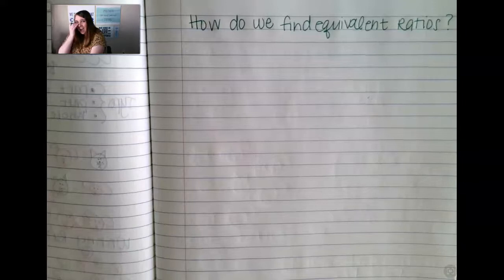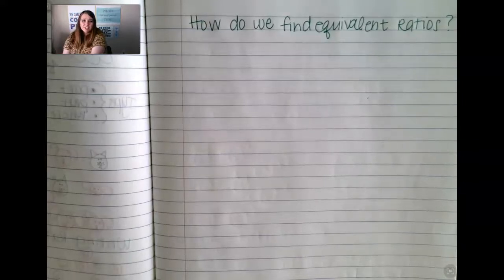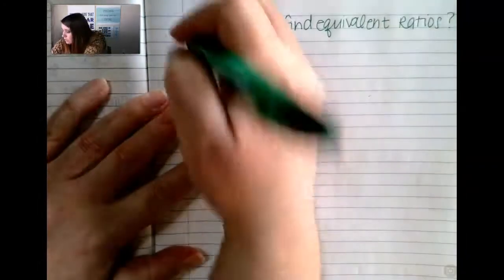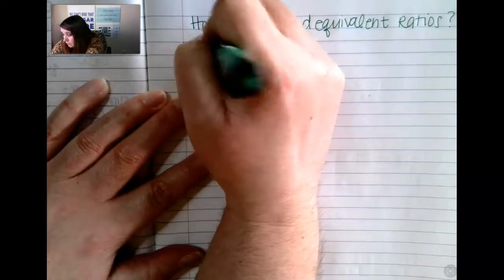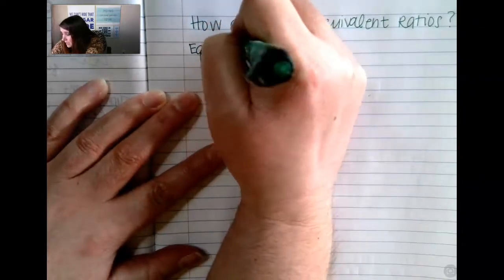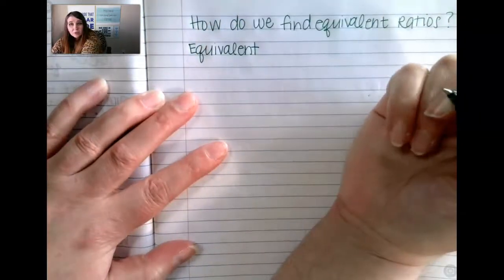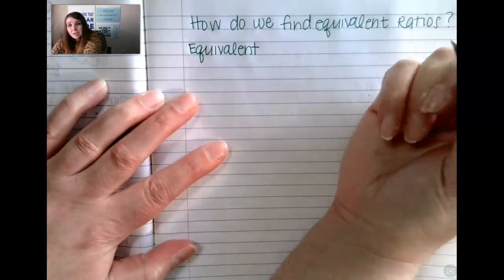All right, how do we find equivalent ratios? So first let's talk about the word equivalent. The word equivalent, we know from fractions, means equal to, right? So if something is equivalent, it is equal to.